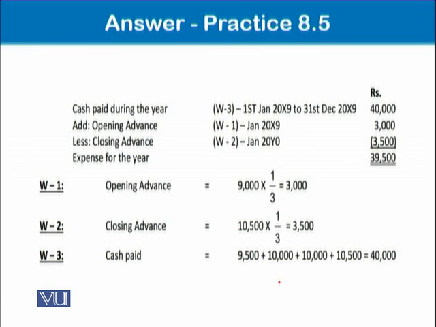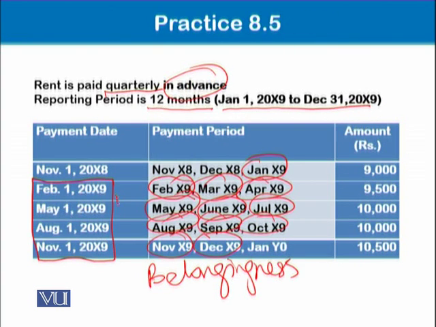So the total cash paid during the year X9 is 40,000. This is what we have paid in cash during the year, and these are the months.